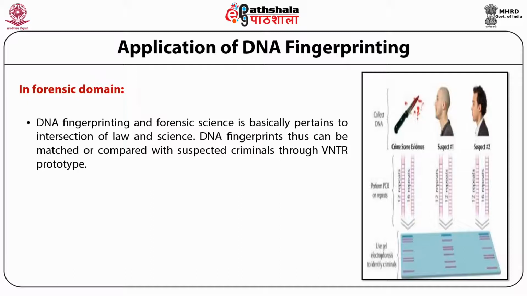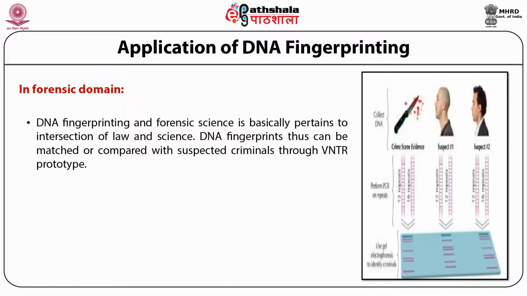No two individuals have exactly the same DNA fingerprints except identical twins. DNA can be isolated from whatever evidence is collected at the scene of a crime, like blood, hair, skin cells, saliva, semen, and tissues. DNA fingerprints thus can be matched or compared with a suspected criminal through variable number of tandem repeat prototype.